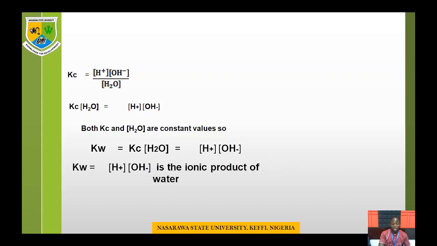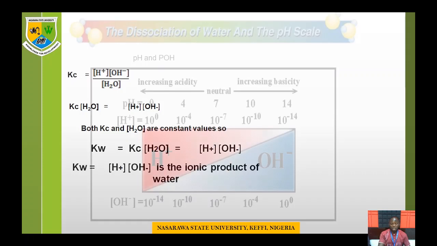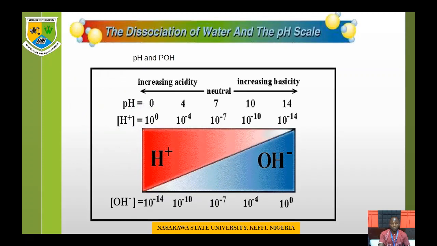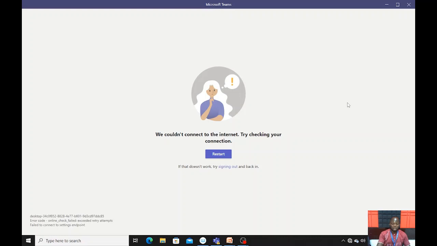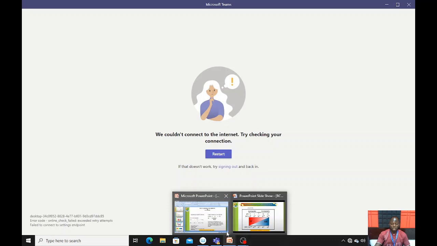And taking that into consideration, the products that are formed when water undergoes ionization include hydrogen ions and hydroxy ions. So, pH and pOH.